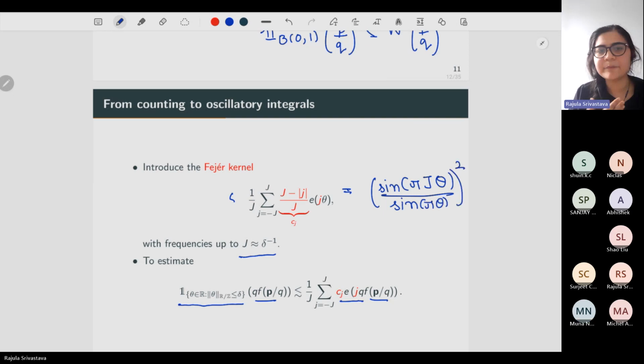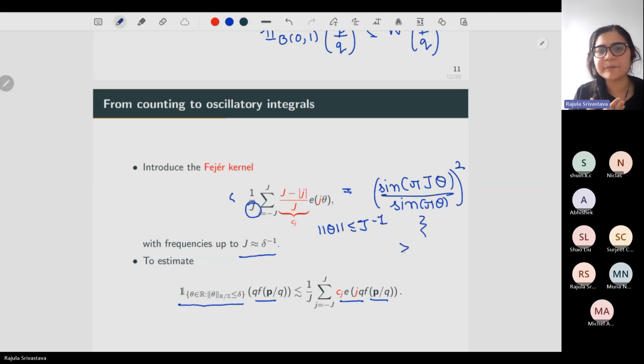Now, if the distance to the nearest integer of your theta is less than or equal to something like j inverse, and there's a j here as well, then this is dominated by some constant, something like pi squared.